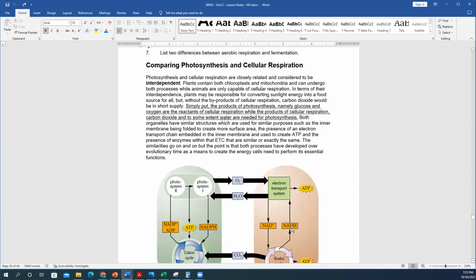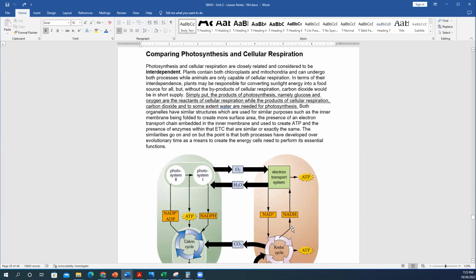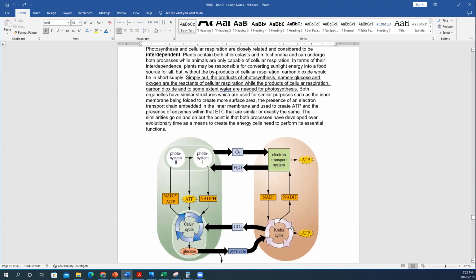And then we basically put the processes of photosynthesis and cellular respiration side by side and understood how they are actually quite interdependent.